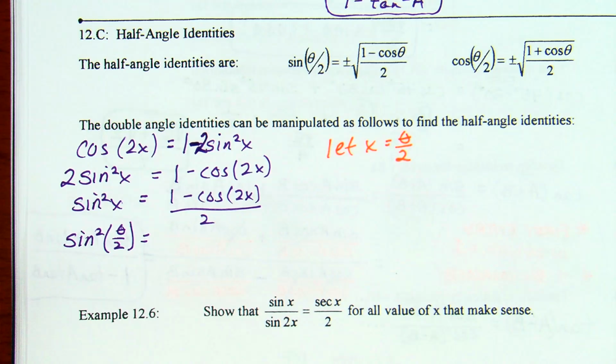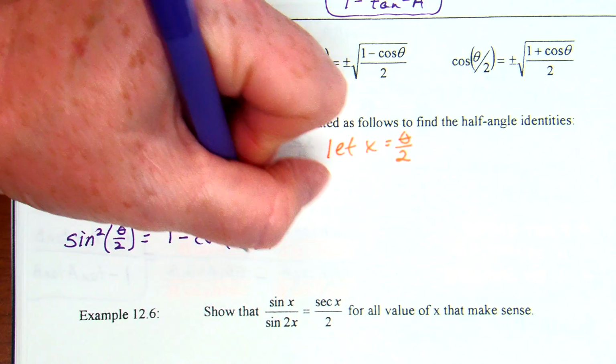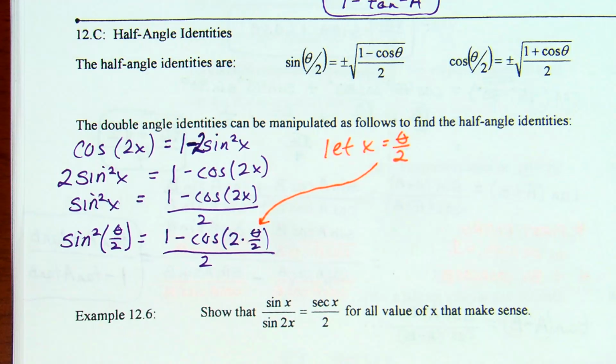Theta over 2, and then all over 2. I just took x and replaced it with theta over 2. Now, in the next step, what is 2 times theta over 2? It's just going to end up being theta.